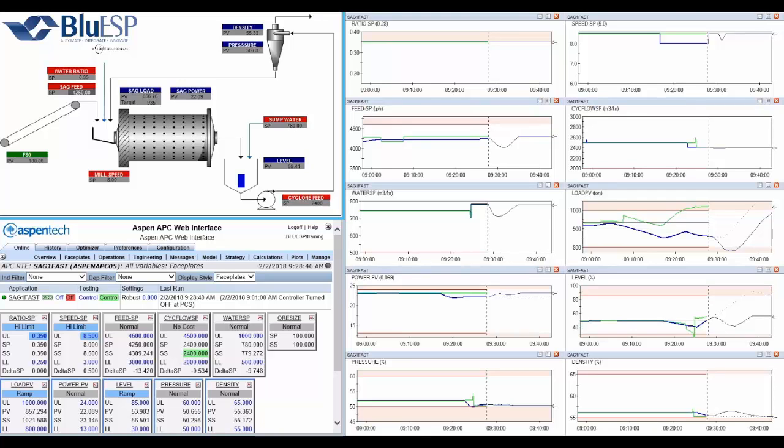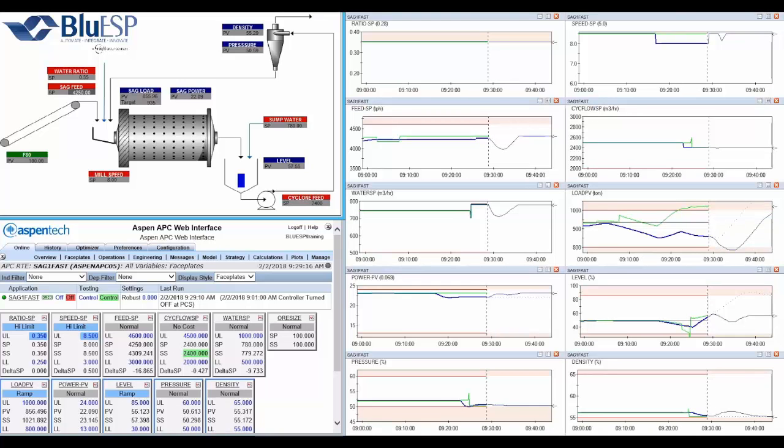The mill load is also still decreasing, and he increases the mill feed rate.